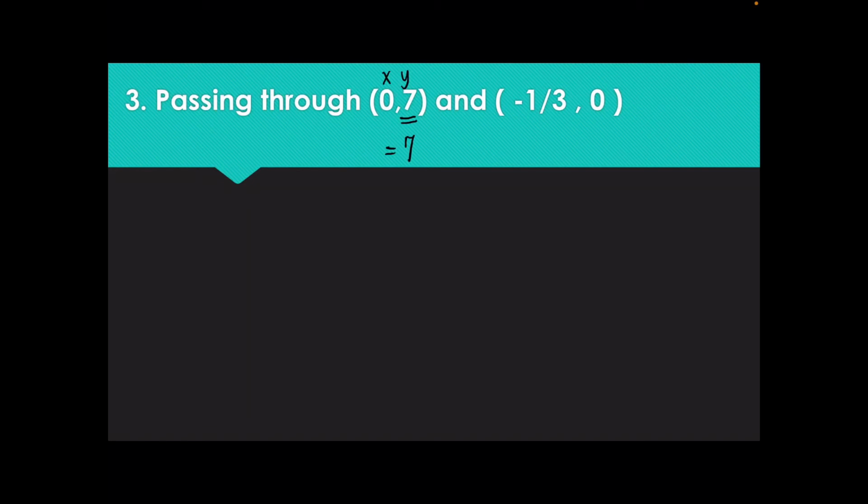So 7 is our B, or our y-intercept. And then this is x and y. So our y is 0. Therefore, negative 1/3 is our x-intercept. So, x-intercept is A. So, that's negative 1/3.